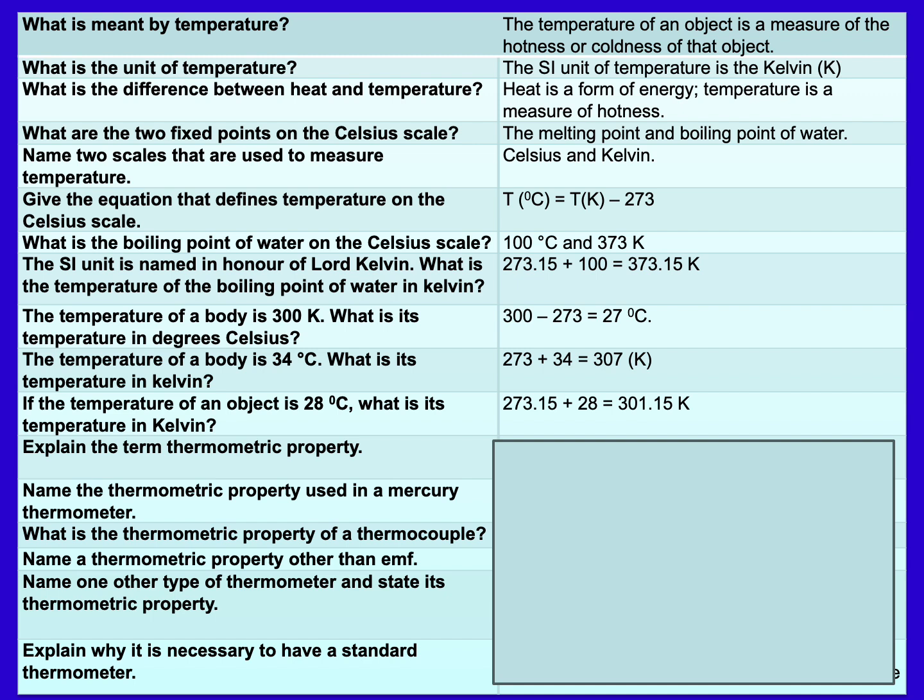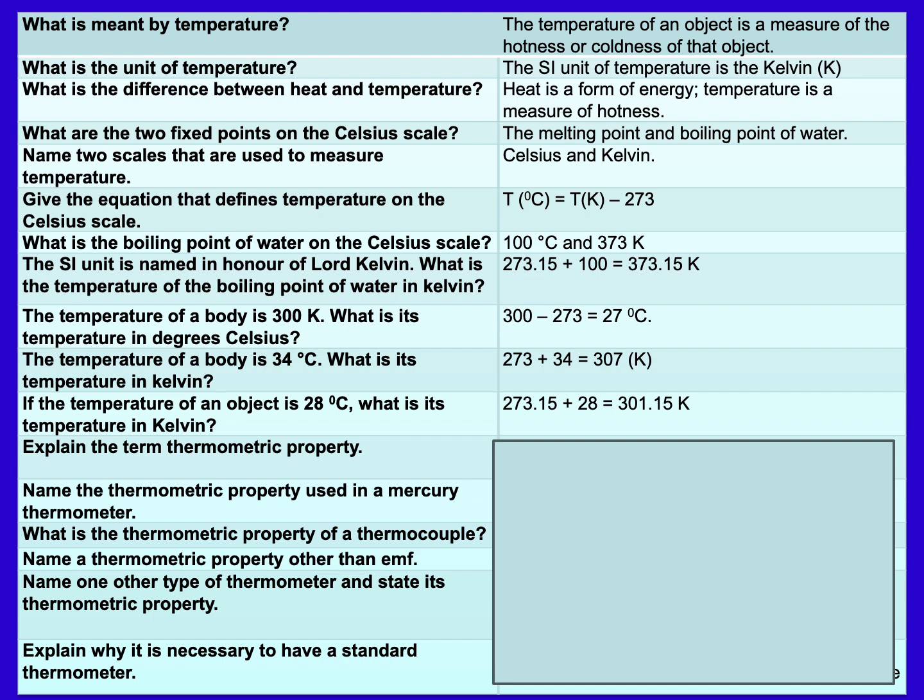Question 4 there, you had to convert from kelvins to Celsius. So 300 Kelvin minus 273, 27 degrees. Some of you might have included the 0.15. And then you had to convert from degrees Celsius into Kelvin.